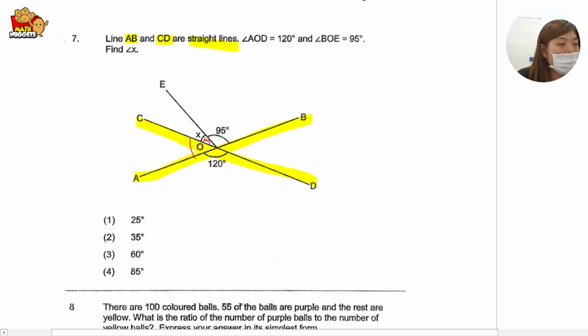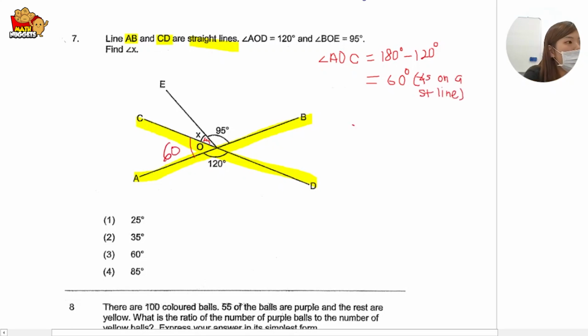Here will be angle AOC, which will be equivalent to 180 minus 120, because angles on a straight line, and this gives you 60. So the reason for this is angles on a straight line.